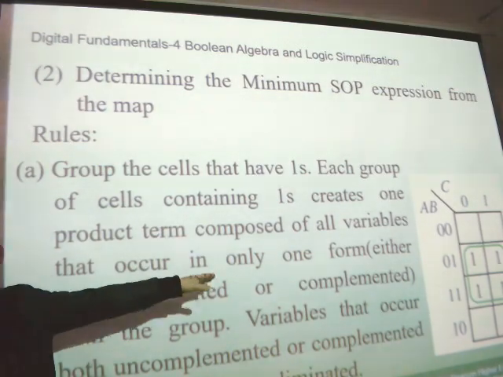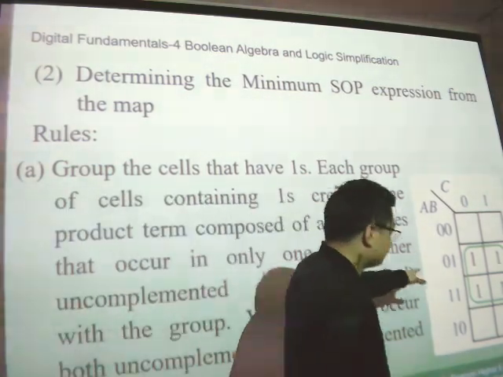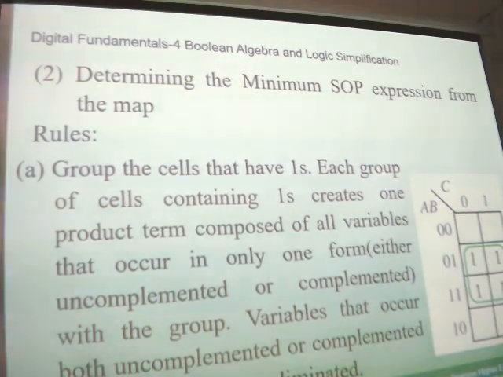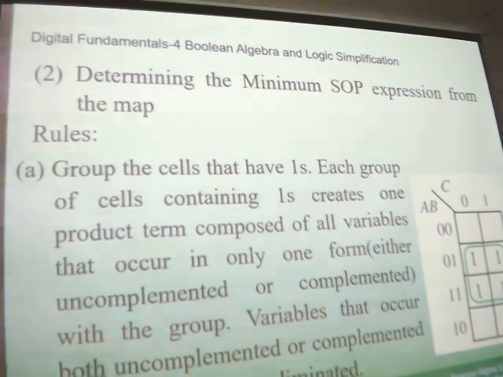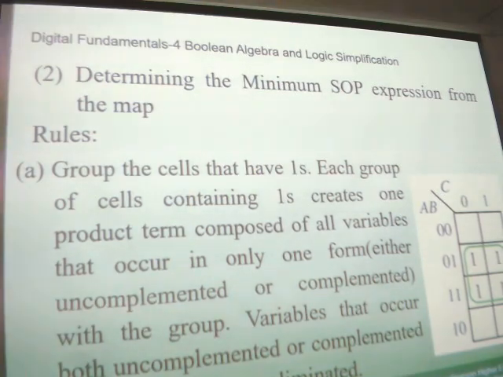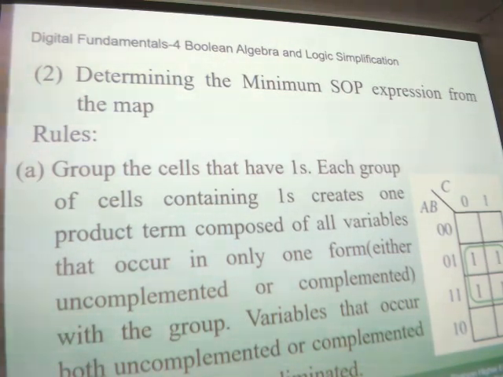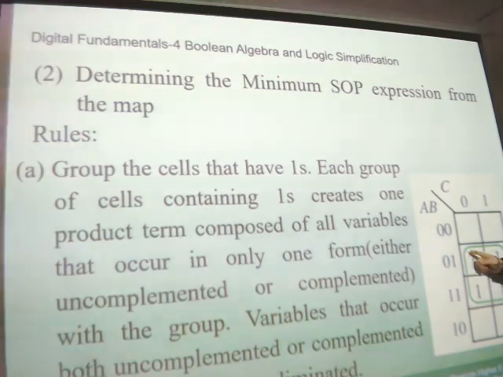From these rules, we know that each group of cells containing ones creates one product term. So this group creates one product term, right?